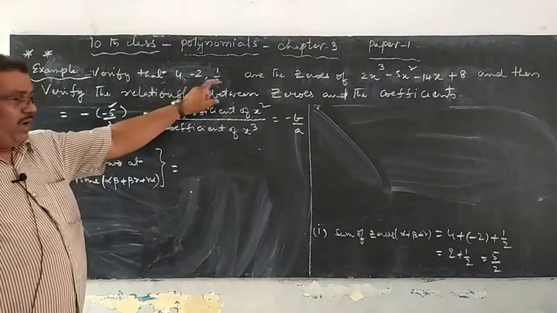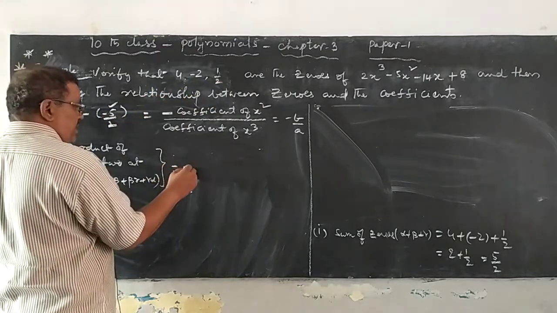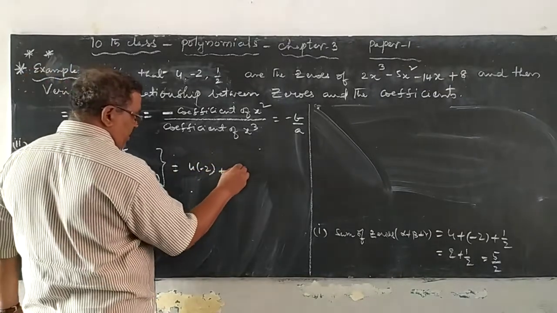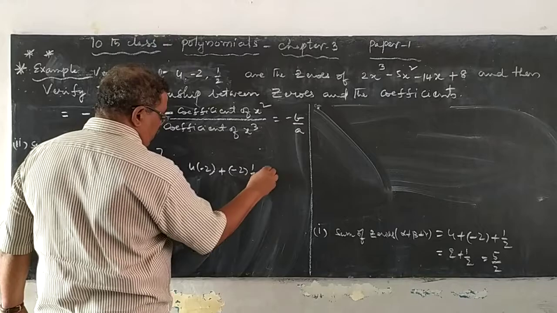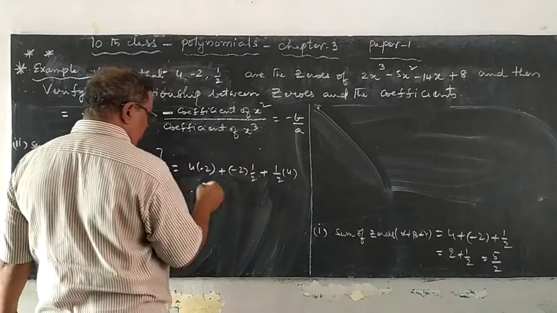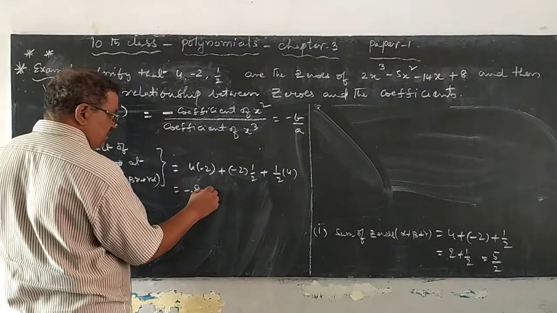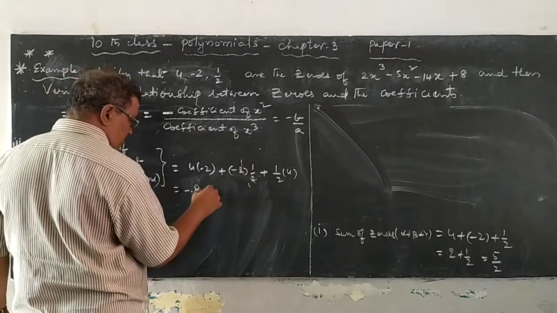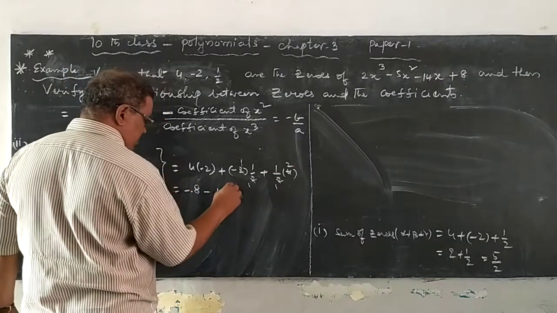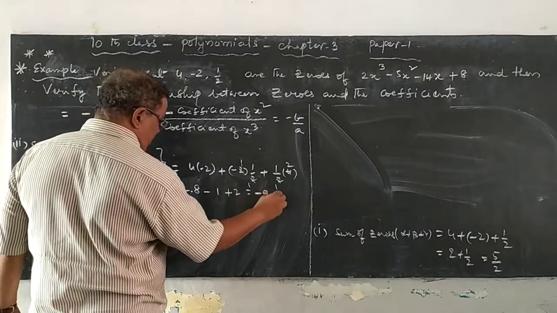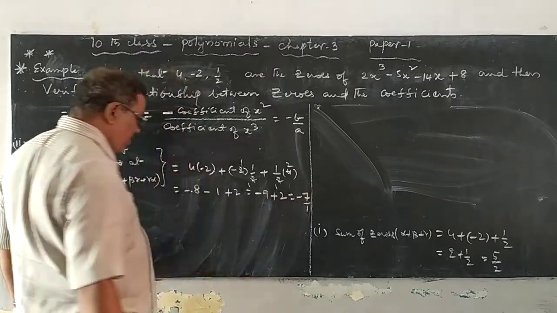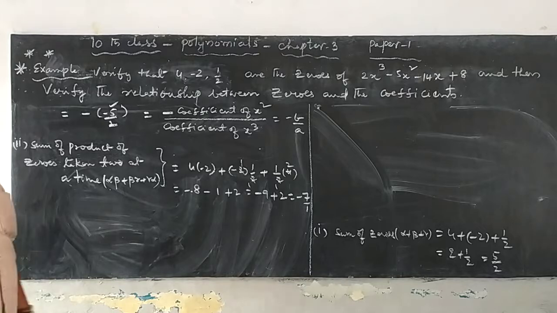Alpha beta means 4 into minus 2, plus beta gamma, minus 2 into 1 by 2, plus gamma alpha, 1 by 2 into 4, which is minus 8, minus 1, plus 2, minus 9 plus 2, that is minus 7, that is minus 7 by 1.